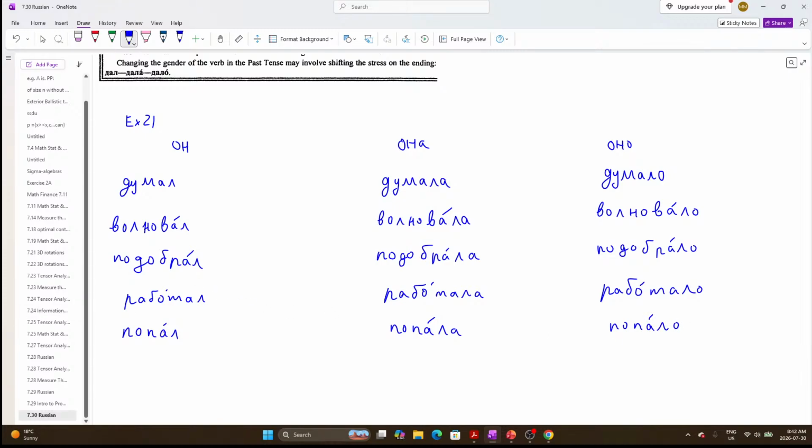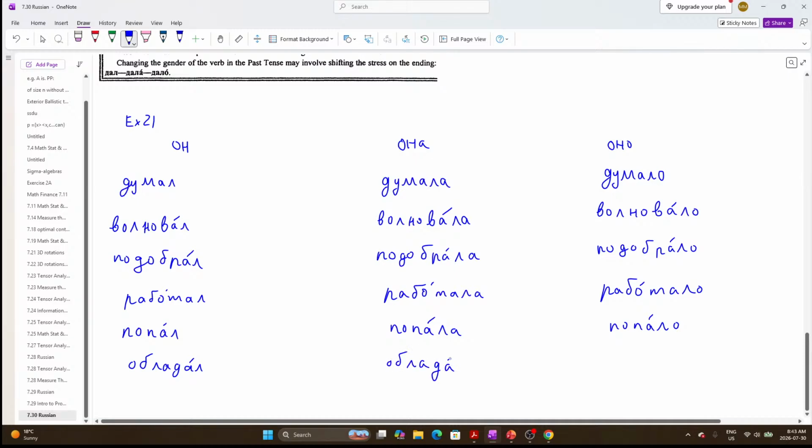Okay? And дал is he has given. Дала. Дало for the neuter gender.